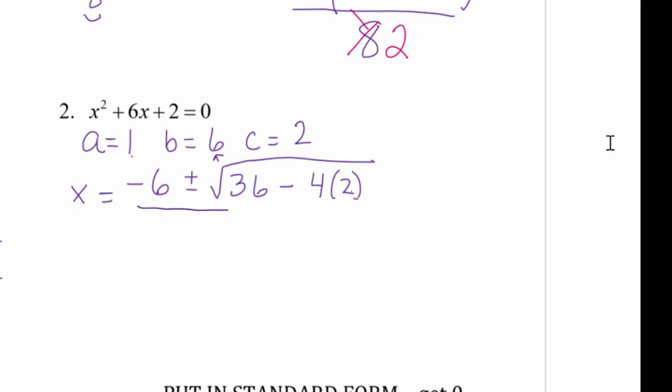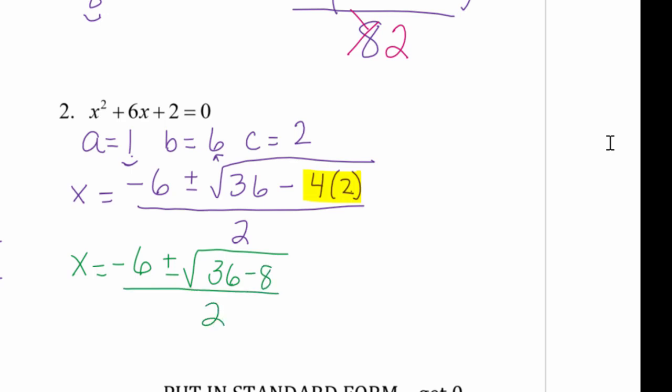All over a big fraction bar, 2 times a, and a is 1, so 2. Under the radical, the radicand, multiply 4 times 2 together first.